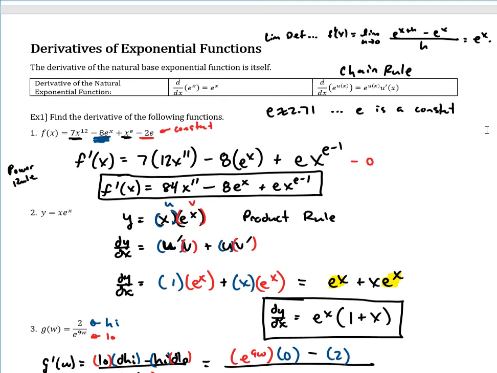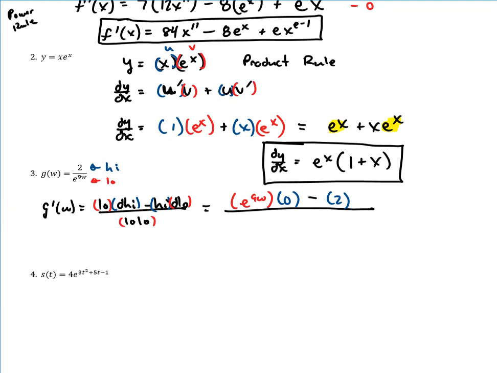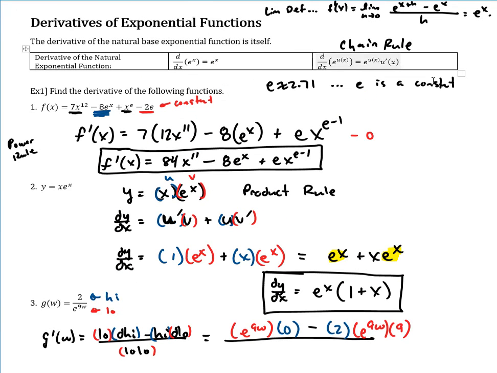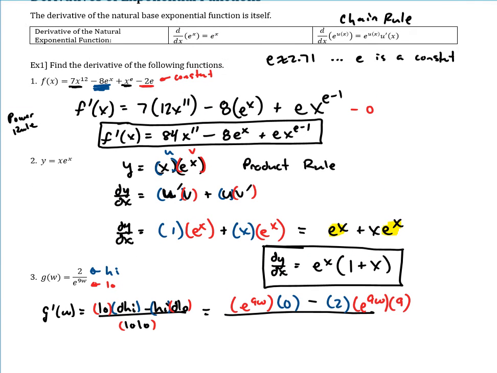Okay, so I'm going to do it in words. So remember the chain rule in words, when it's e to the power, I'm going to copy and paste e to the power. So it's e to the 9w times the derivative of the power. So times it by 9. And there we go. I think that's usually easier than just setting up your whole chain rule.